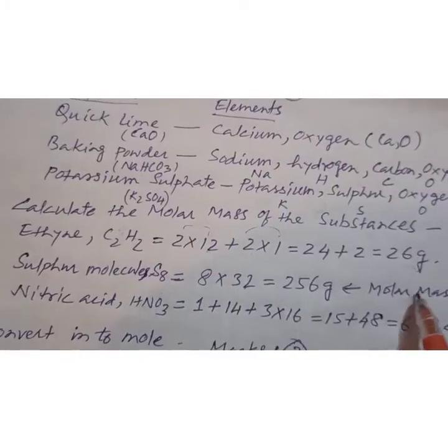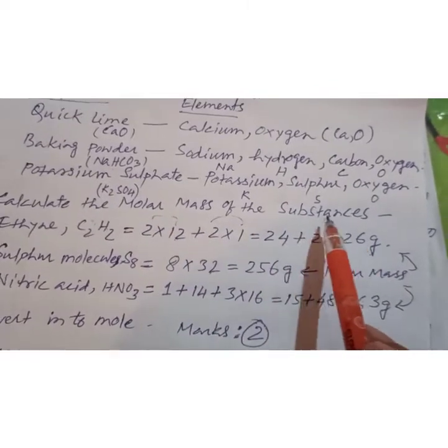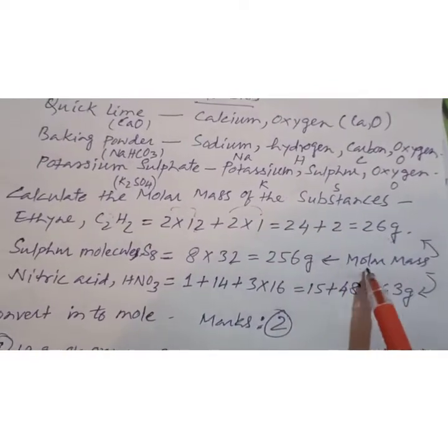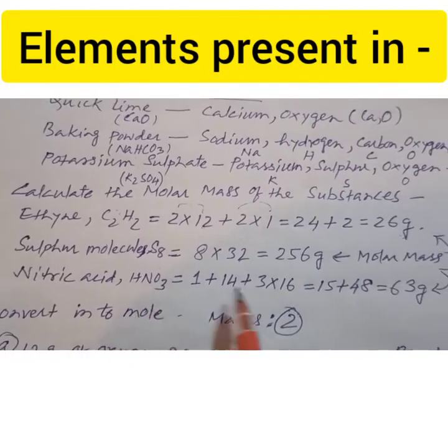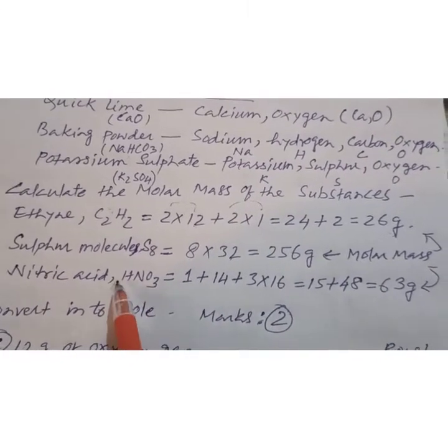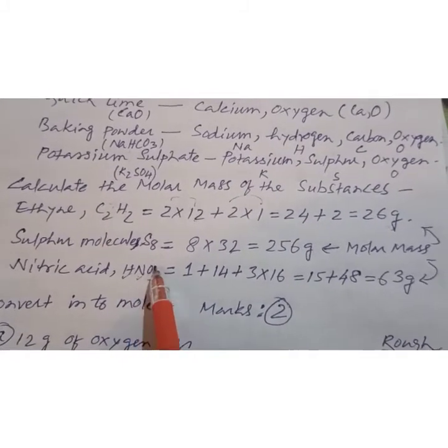These are all molar mass. As per the question, calculate the molar mass of the following substances. So we are finding the molar mass now. Okay, next, nitric acid, that is HNO3. So the number of hydrogen atoms is 1, nitrogen is 1, and oxygen is 3.